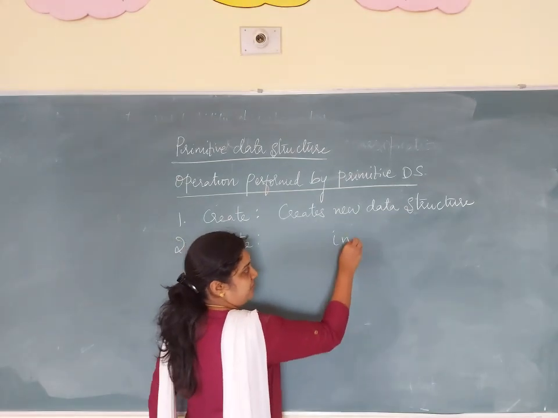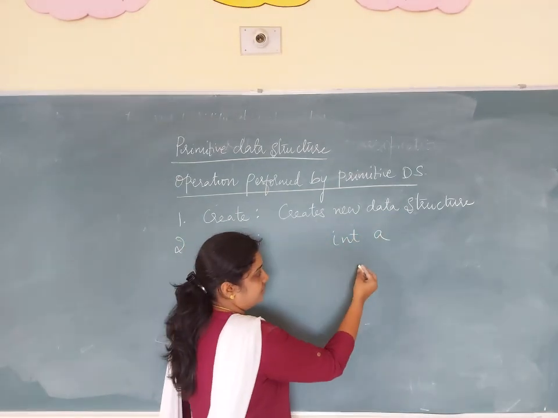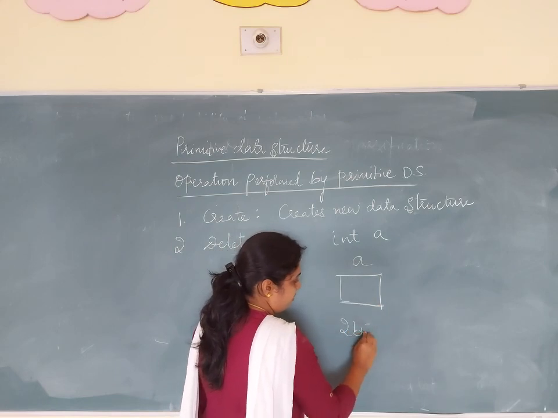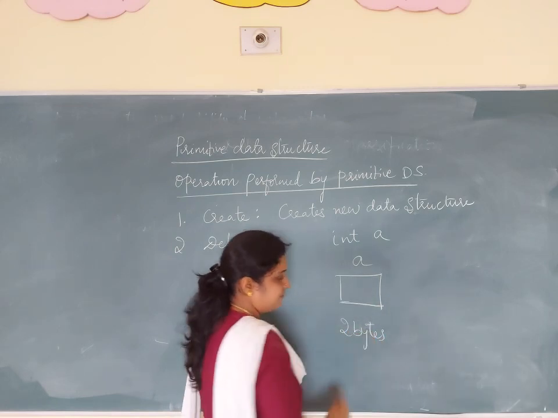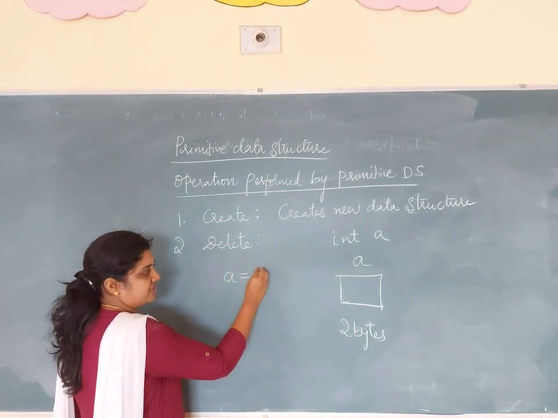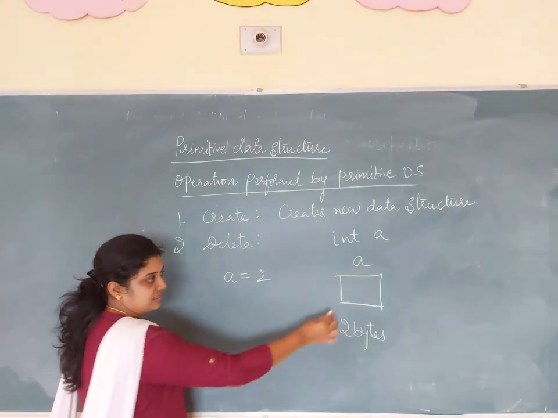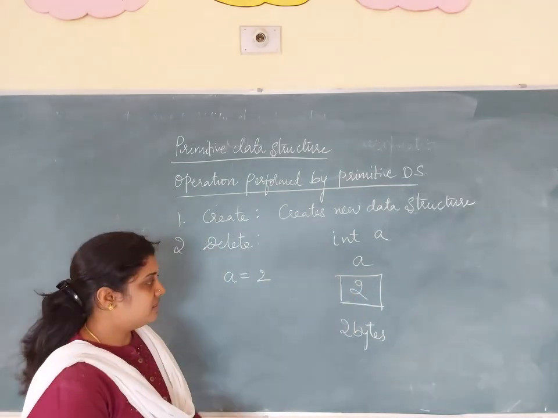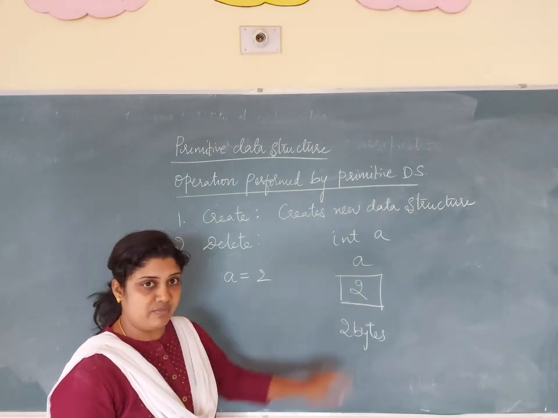If I use int a, for this variable a, 2 bytes of memory will be allocated. Now I am assigning the value a = 2. So in this memory space, the value 2 will be stored.